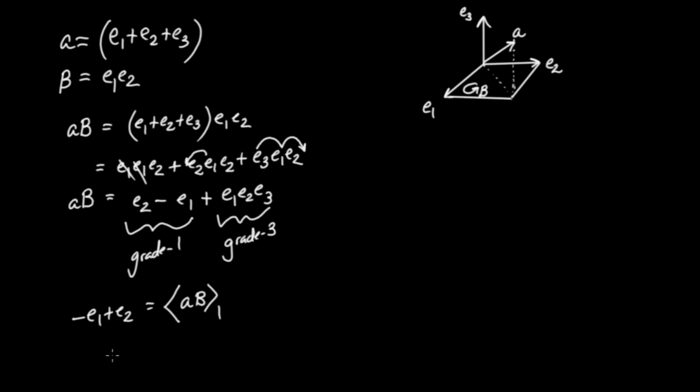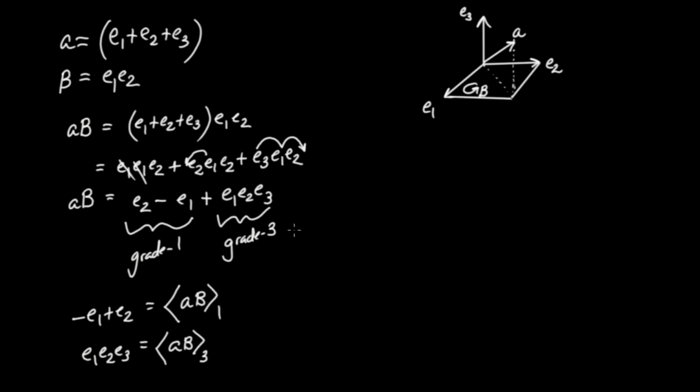And correspondingly, the grade 3 part of AB is going to be symbolized like this. e1e2e3 is equal to the grade 3 part of AB. Again, with those angled brackets and the 3 denoting the grade 3 part. So these angle brackets just mean take the grade whatever part.